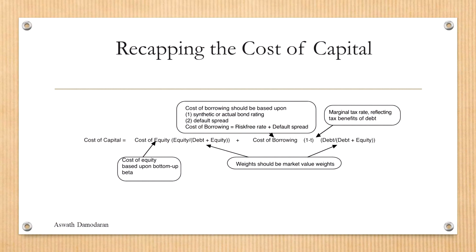So that concludes this chapter 8. Chapter 8 is a big chapter. First of all, we have a lot of material covered in estimating beta, and then we have discussion on cost of equity, cost of debt, and weighted average cost of capital.